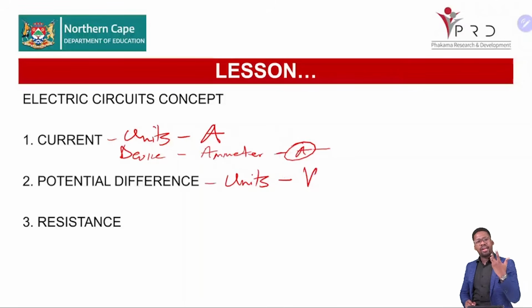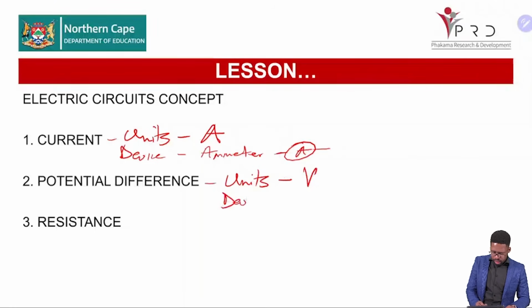So when you are required to calculate the terminal potential difference, V external, V load, V internal, or EMF, let's make sure that we write the correct units. For potential difference, our units are volts.